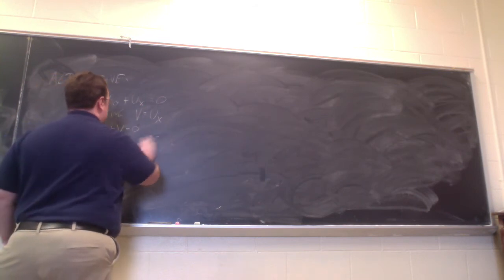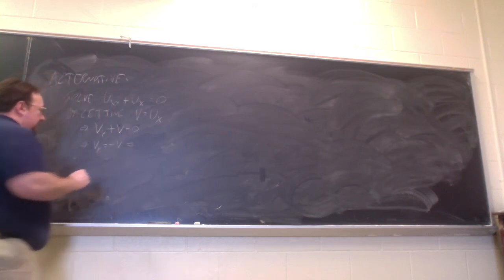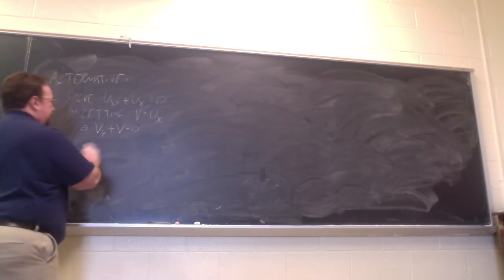Actually, I'll go ahead and do that a little more explicitly. Well, let's see. Actually, treating it like a separable equation doesn't really work so well in multivariable, but that's okay. You can do the integrating factor thing.